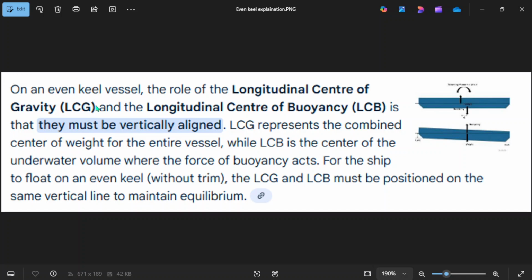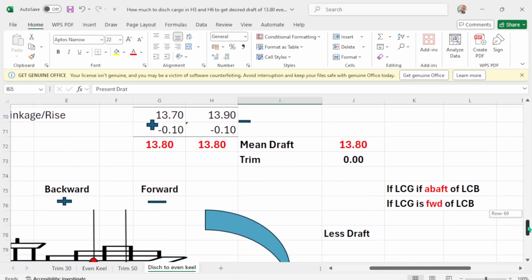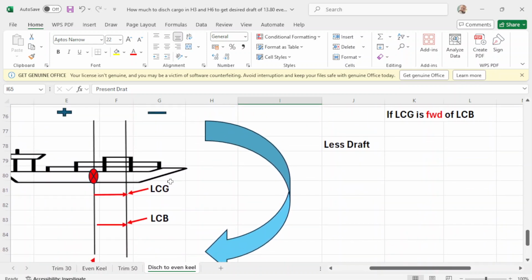Let's read this one, guys. On an even keel vessel, the longitudinal center of gravity, or LCG, and the longitudinal center of buoyancy, or LCB, must be on a vertical line. Meaning, if they are in a vertical line, it would be in this condition. Your LCG will be in a vertical line with your LCB. So they are in one line.